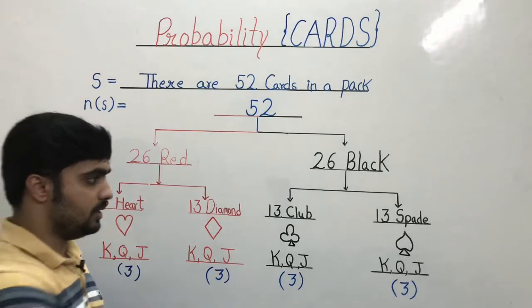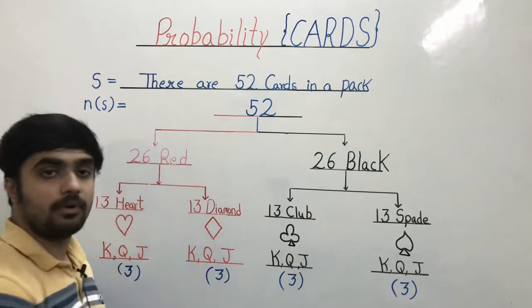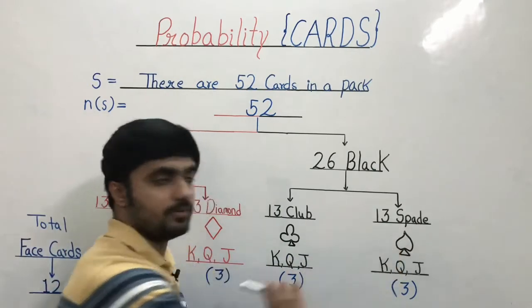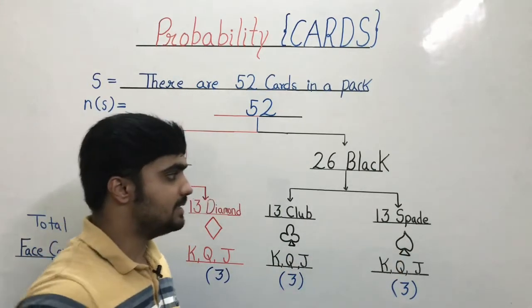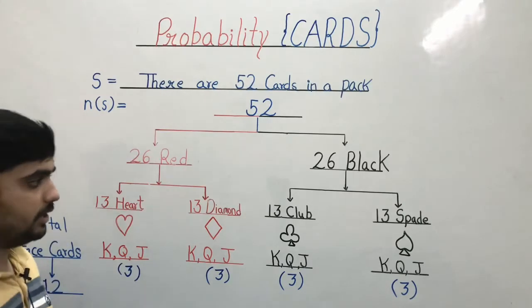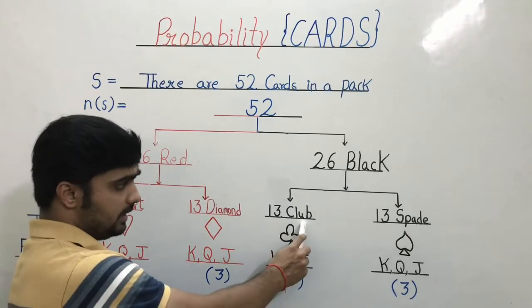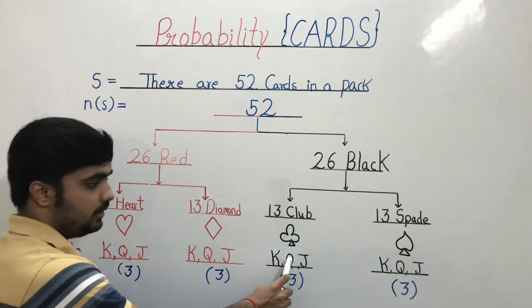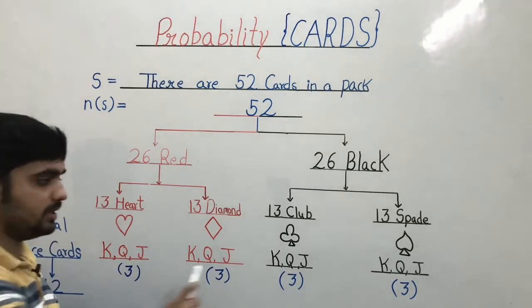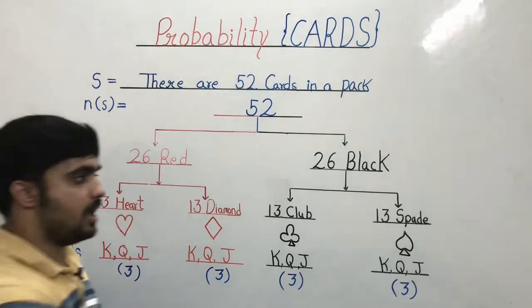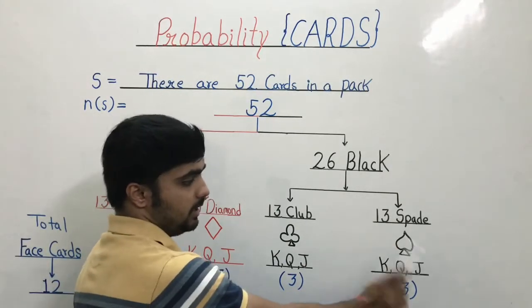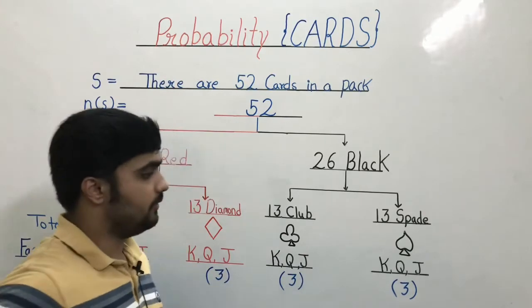This is the shape of club, and this is the shape of spade, as you have seen on cards. Out of these 13 club cards there are 3 face cards, that is king, queen and jack. So these are known as face cards. Similarly, out of these 13 spade cards, king, queen and jack are face cards.